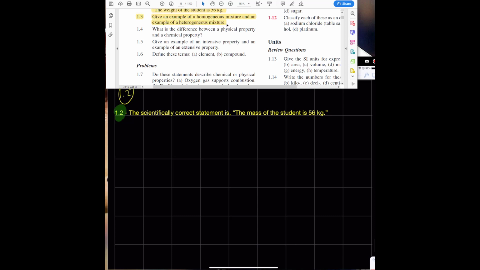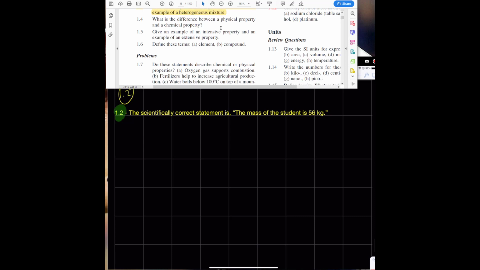Give an example of a homogeneous mixture and an example of a heterogeneous mixture. Okay. Well, for the homogeneous mixture, we can do table salt dissolved in water.